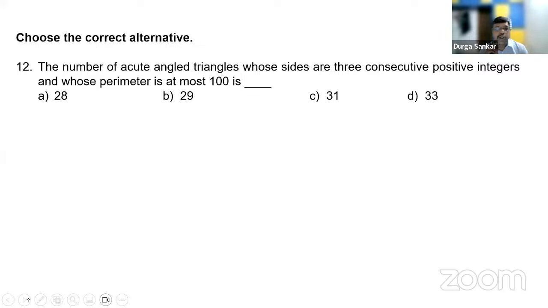But owing to the nature of this question, and when I look at the answer options, I see there are a good number of triangles possible because the minimum answer option I have is 28, which makes me feel that this question might take some time to count the number. So for now, I would like to mark it as type B.